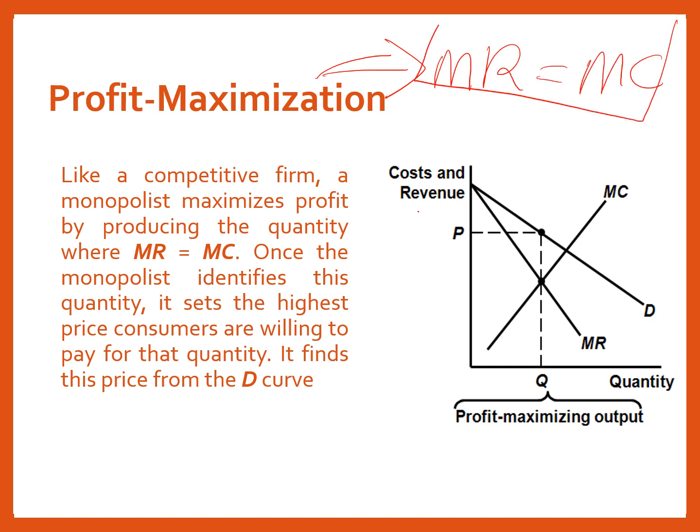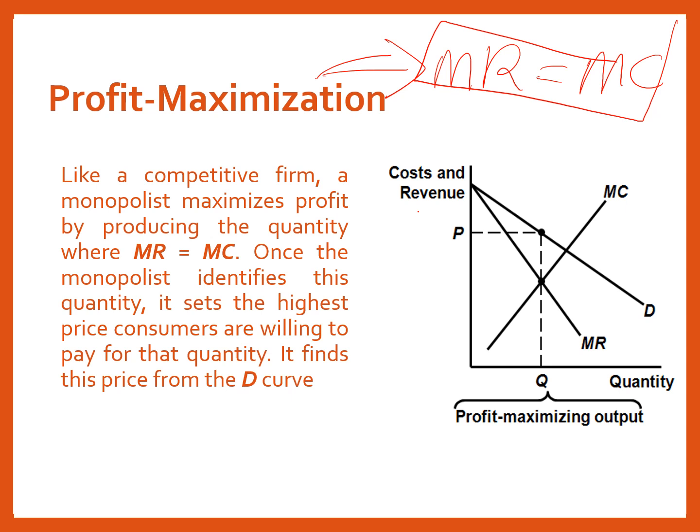Okay, ianya mesti equal. Okay, so like a competitive firm, a monopolist maximizes profit by producing the quantity where MR sama dengan MC. Ingat konsep ni. So once the monopolist identifies this quantity, it sets the highest price consumers are willing to pay for that quantity. So it finds this price from the demand curve.